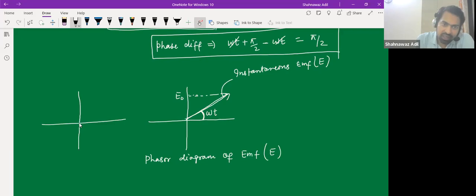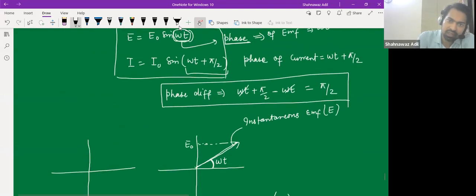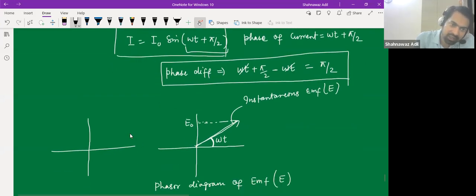So we have this current, right? You remember this is omega t. So omega t plus pi by 2, right? So we have to add a 90-degree angle. So this would be in the second quadrant, and the arrow is small, right?